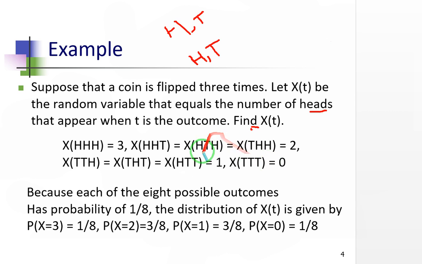So according to this, now we can have a conclusion. One thing you need to have in mind is how many times we repeat it? 3 times. So how many possibilities do we have? 8.